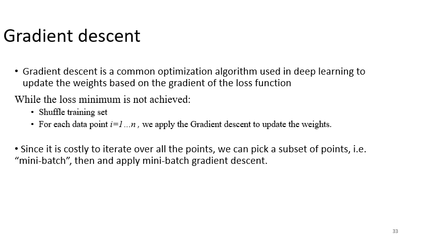The first sub-step is shuffling, when we randomly shuffle the training set to introduce randomness and avoid getting stuck in local minima. And the second sub-step is mini-batch gradient descent. For each mini-batch, a subset of the training data, we calculate the average gradient of the loss function with respect to the weights, and update the weights in the opposite direction of the gradient to move towards the minimum of the loss function.